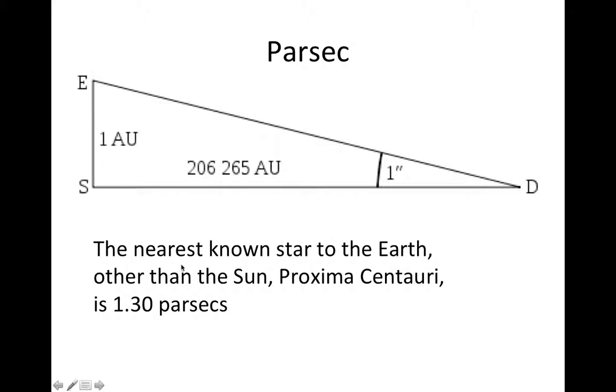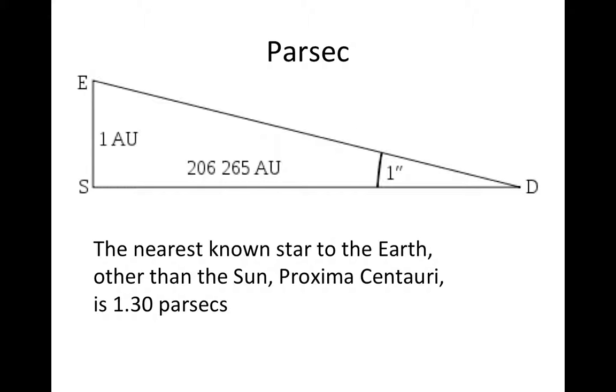The nearest known star to the Earth, other than the Sun, is called Proxima Centauri, and it is 1.3 parsecs away, all right? So can you see that the parsec is a lot easier to use as a measure of distance than the astronomical unit, okay? Here we would have to say, oh, it is 260-something thousand astronomical units away.